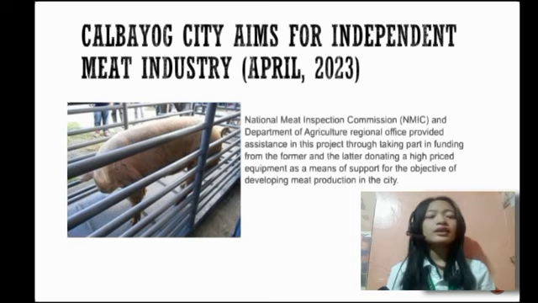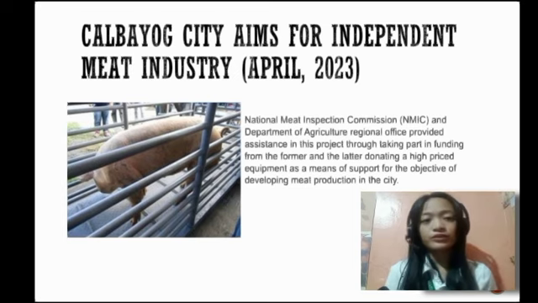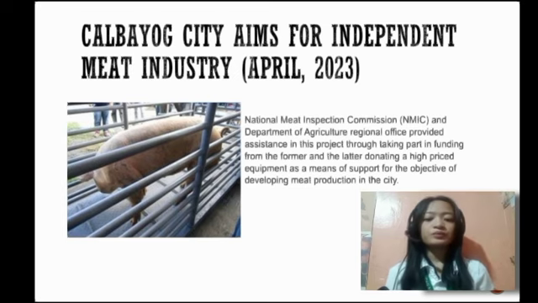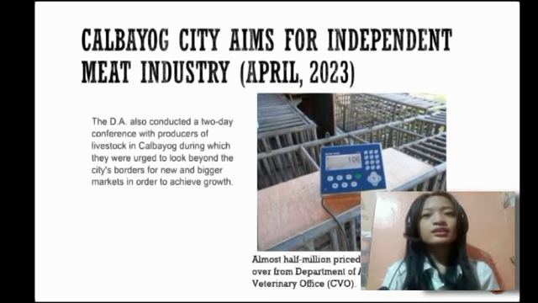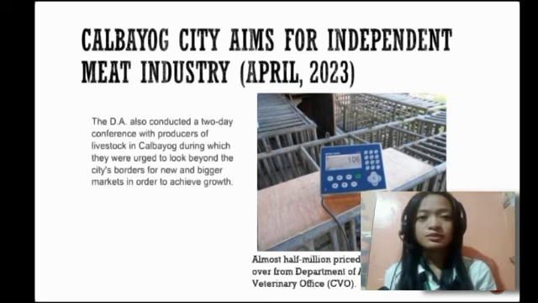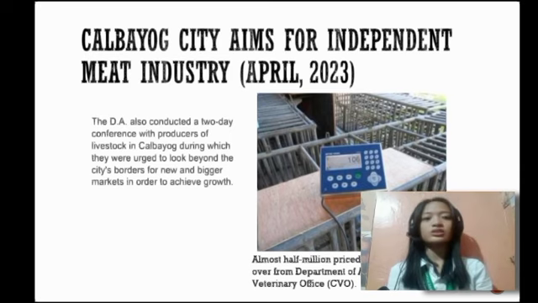So the DA, the Department of Agriculture Regional Office, provided assistance and showed their support by turning over a high price weighing scale, a digital scale, to the city veterinary office. Also, the NMIC showed their support by partly funding this project.